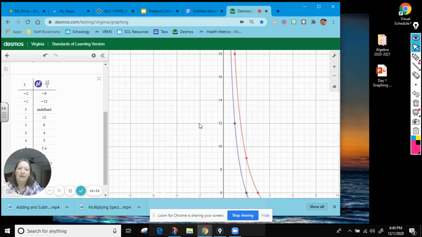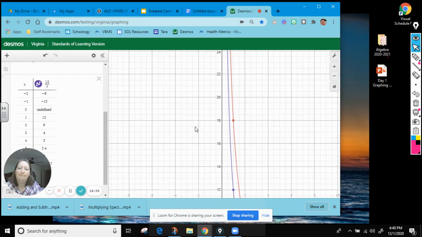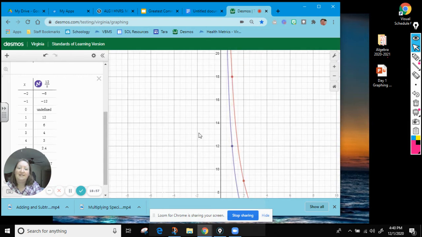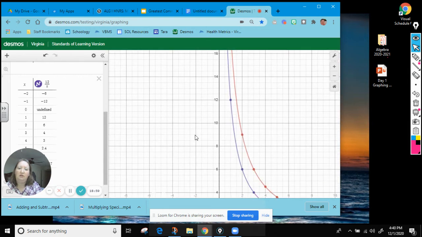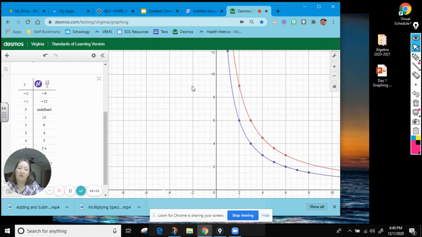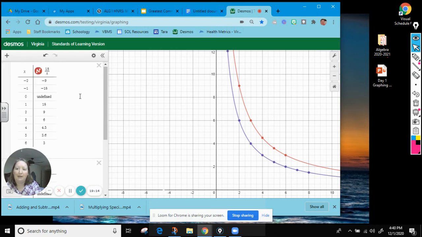And any other ones? Nope. So 6 is your greatest common factor. So this is how you could use Desmos to help you. You could look at what is the biggest number on the y-axis that they both have a dot at. Or you could look at the tables, okay? Or you could just learn your multiplication tables. Come on.